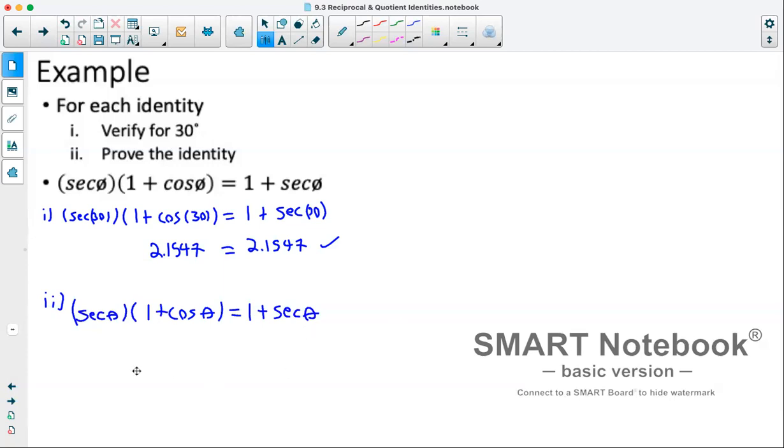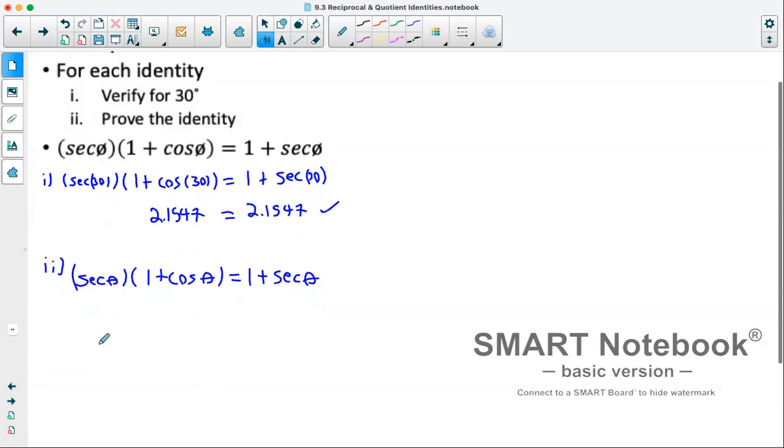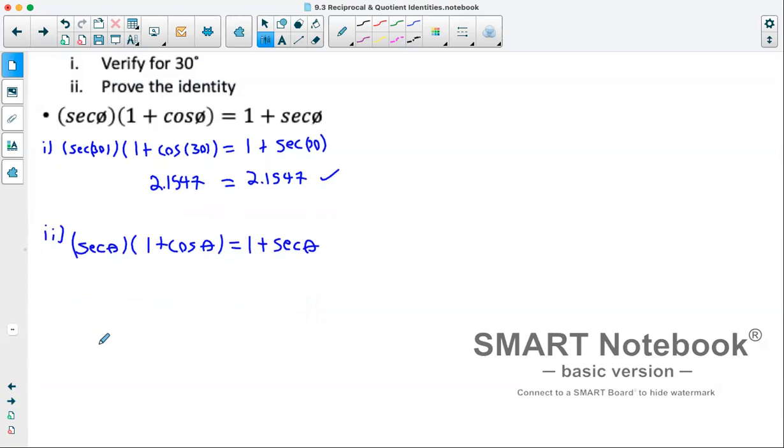So first thing I'm going to do is the secant we already know is 1 over cosine. So I would replace this with 1 over cosine of our angle times 1 plus cos of our angle equals 1 plus secant of our angle.